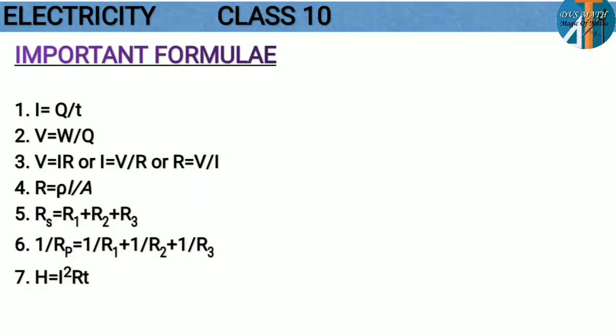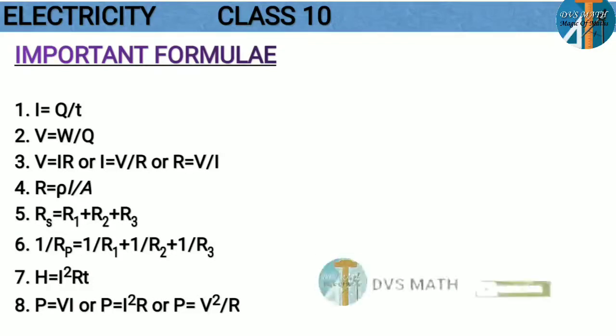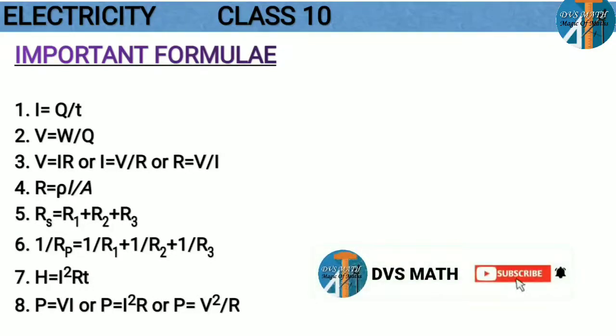The seventh one is related to the heating effect, that is Joule's law of heating, which gives H is equal to I square RT. Here heat produced is directly proportional to the square of current, directly proportional to resistance, and directly proportional to time. Together we write H is equal to I square RT. The last, the eighth formula, is power, that is P is equal to VI.